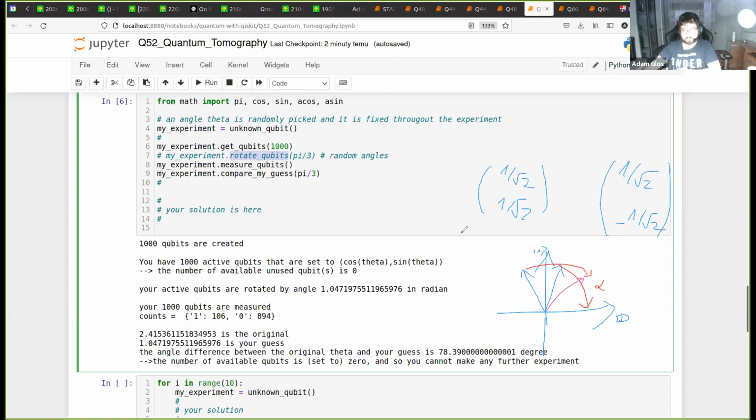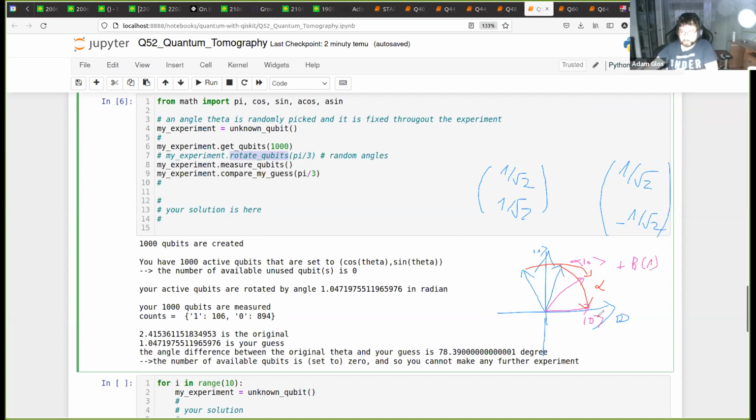So after rotation, you can do it through this method, and you will have 2 possibilities. Either this is 0, or this is some alpha 0 plus beta 1, right?